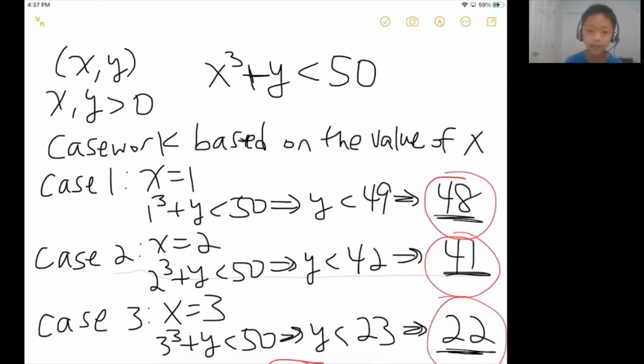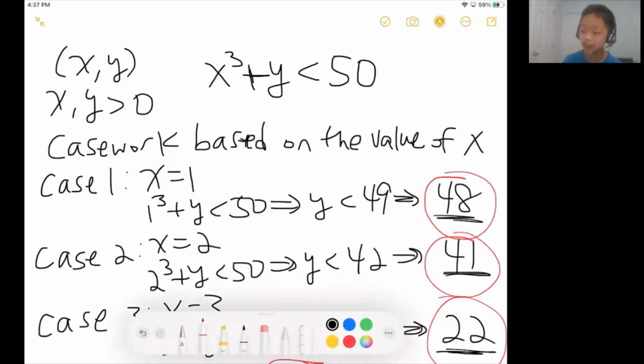Just another note, because some of us might be wondering: why didn't we do casework based on the value of y? Like, case 1, y is 1, case 2, y is 2? Why did we choose x instead of y? The reason is that, as a typical rule in combinatorics, mathematicians are lazy people, so you want to find a way to do the problem with as few cases as possible.